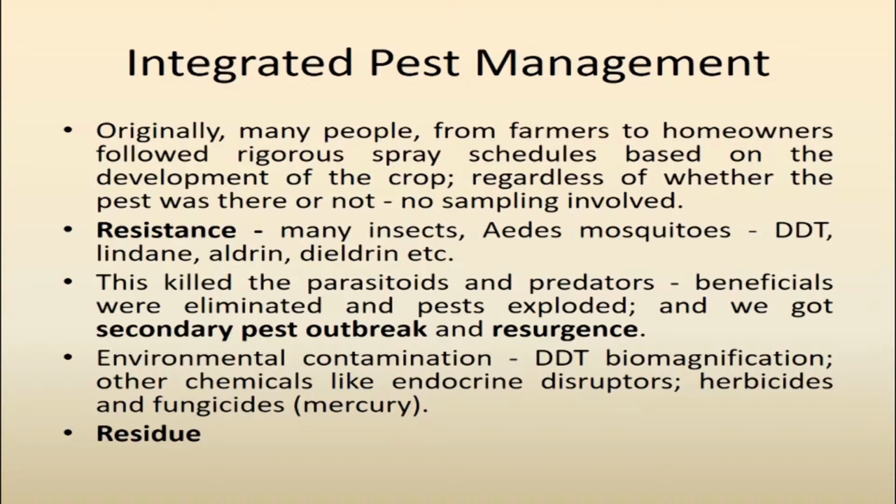And due to this resistance, even today if you see the agricultural ecosystems, almost all Indian insects have developed resistance to the conventional insecticides which are in vogue, to more than 150 insecticides. And this unilateral or lopsided or indiscriminate use of these insecticides kills the parasitoids and predators, which are the beneficial insects.